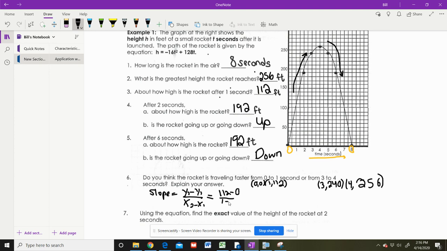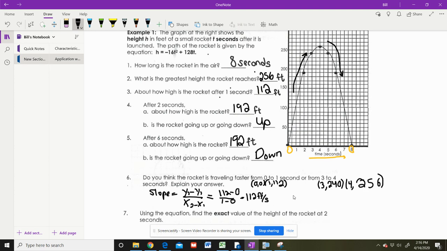Because whatever we say is our y2, we want to use the same one for our x2. So this would just equal a slope of 112, right? And we would say feet per second. So at that point from 0 to 1, that rocket's going 112 feet per second.